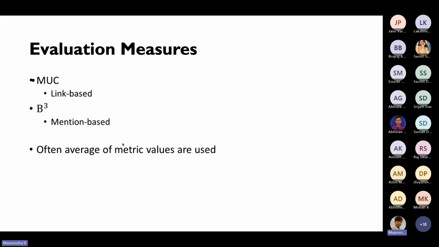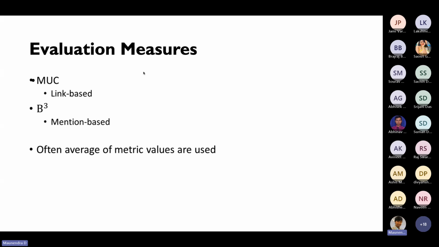So we'll first talk about evaluation measures. Again, the task of co-reference resolution is, given an input text, to identify the different mentions in the text which are co-referent to each other. So as we said, finally, we have some kind of clustering structure coming out of the text.